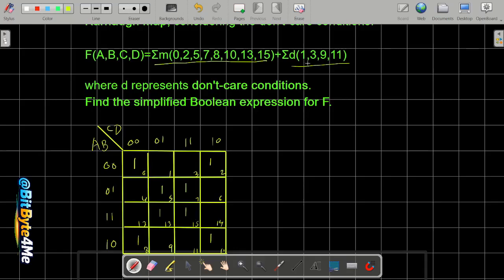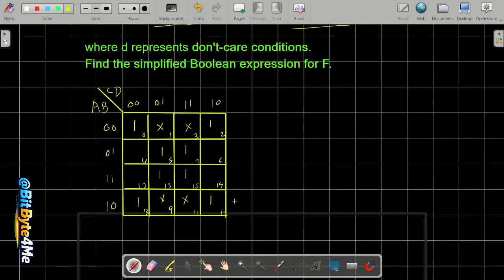These are the values, and we also have to put the don't care conditions 1, 3, 9, 11. So we put the don't cares like this: 1, 3, 9 and 11. So these are the don't care conditions.